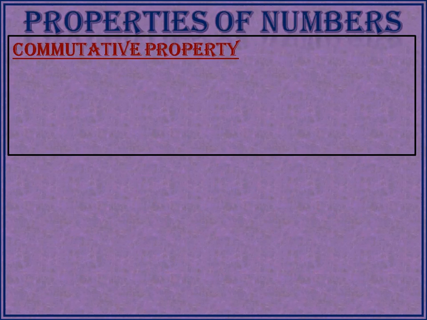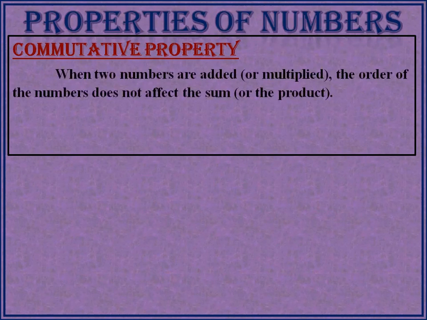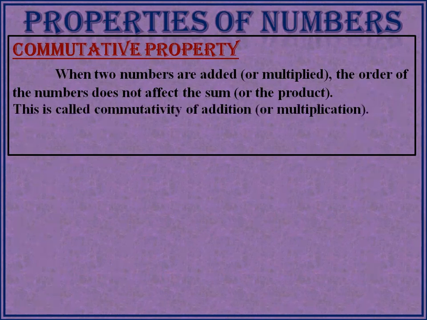Here it involves two numbers and only one operation. The operation can be either addition, subtraction, multiplication or division. When two numbers are added or multiplied, the order of numbers does not affect the sum or the product. This is called commutativity of addition or multiplication.